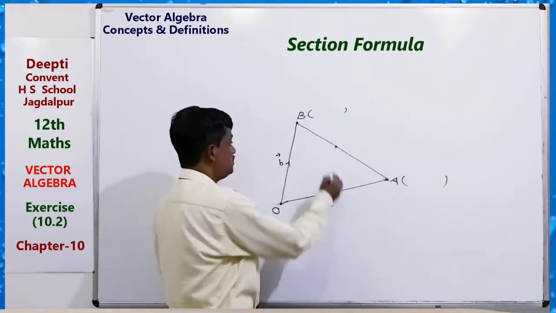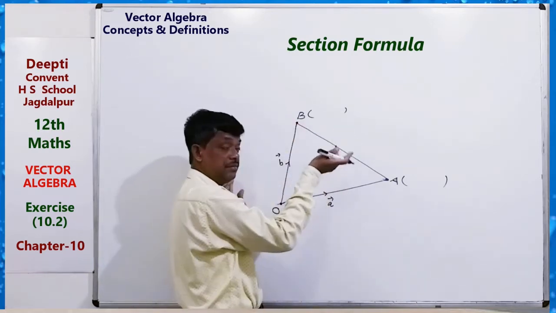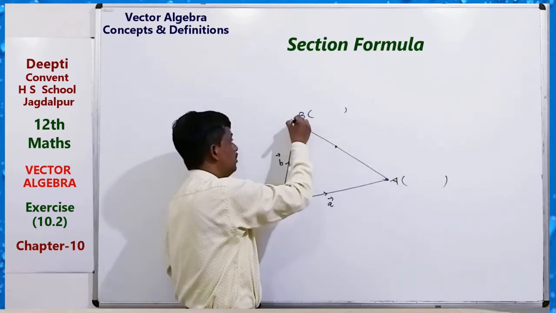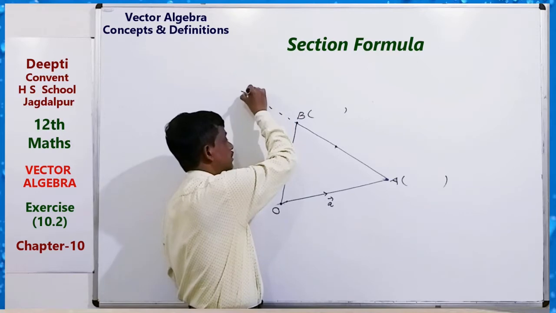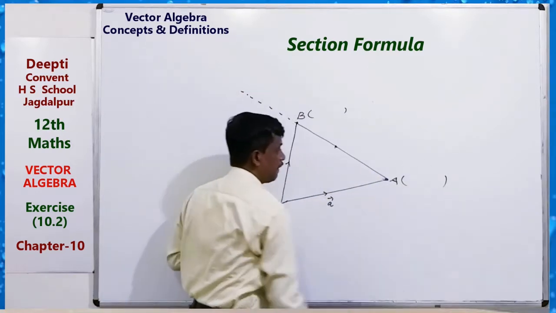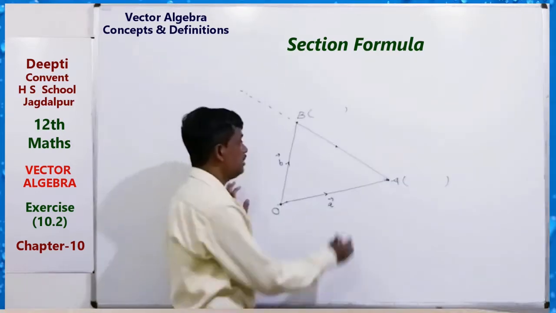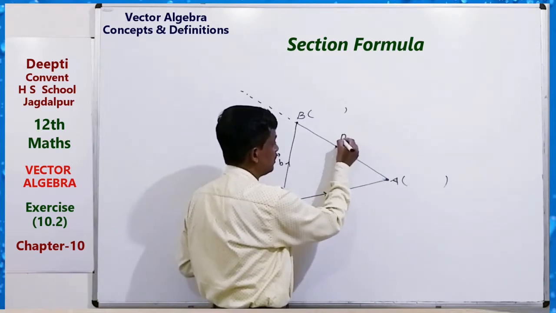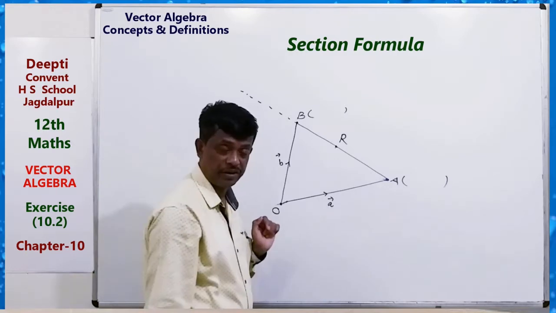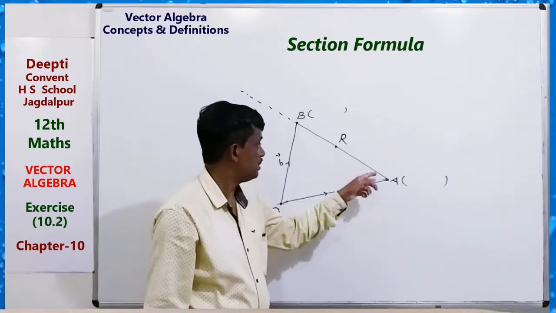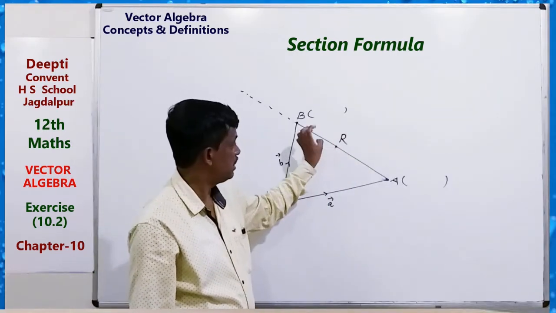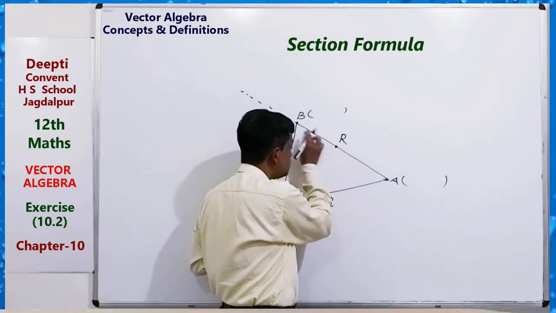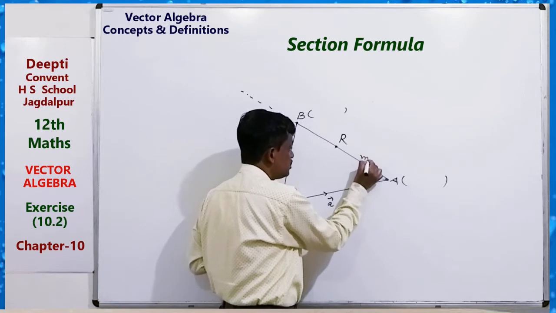If the segment is divided externally, then the point will be outside, here or here. Suppose R is a point on this line segment internally, meaning between A and B, and this point divides the line segment in the ratio m:n.